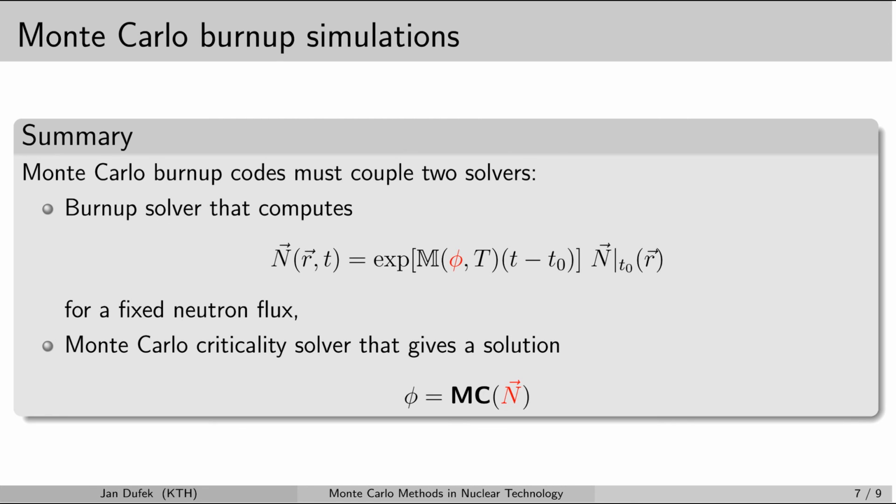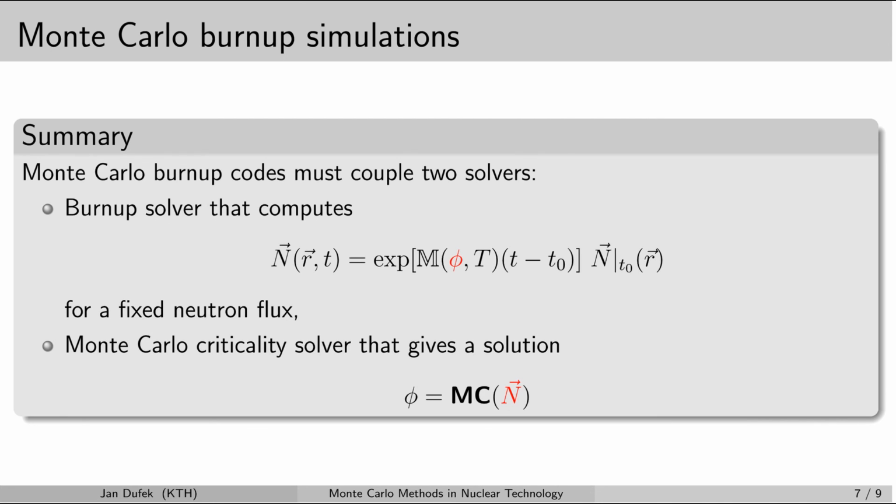And we know the formal solution for the Burnup equation on the condition that the flux is fixed. So we can use this formal solution when we are sure that the neutron flux distribution is not changing considerably during the time period during which we calculate the change in the nuclide field.